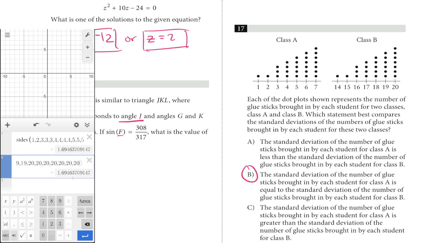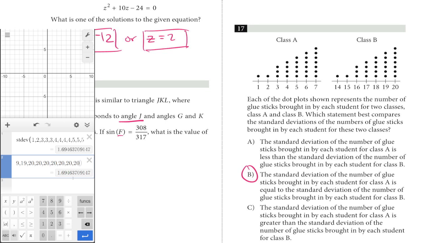There is another way to do this, which can be more efficient with time. It's just something that a lot of us tend to forget, and that's why I do like Desmos. Desmos will actually just calculate it for us. The other way to think about standard deviation is it's how spread out the data is. If we look at these two classes, they have the same spread. The dot spread is exactly the same for the two classes.